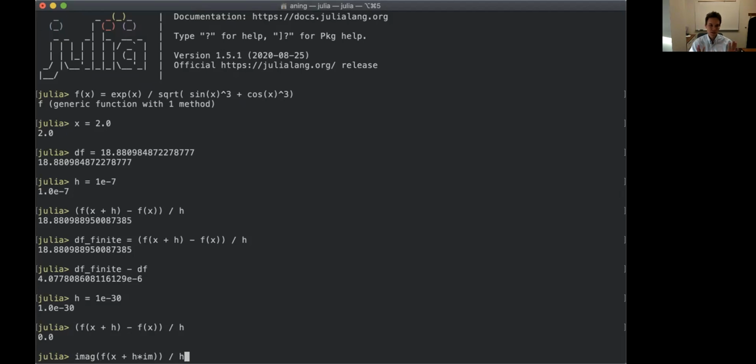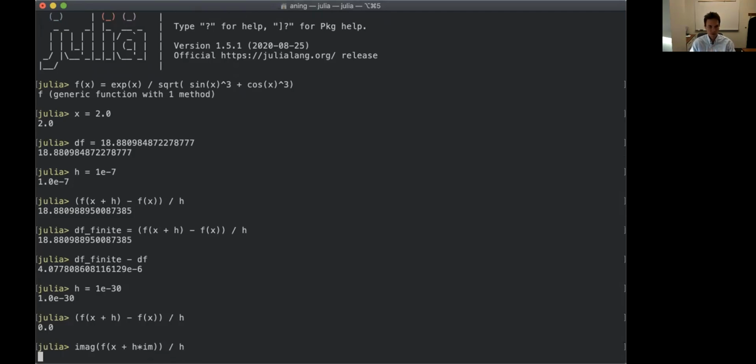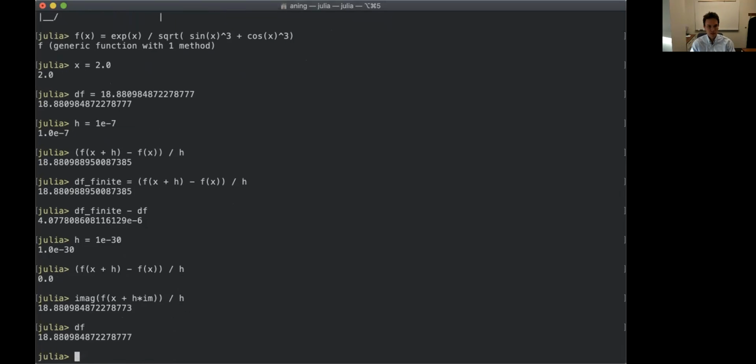We're going to do this really weird thing. My original function isn't a complex function, right? And I don't want complex numbers. I want a real derivative. It's a real function with real derivatives, but I'm just going to give it this imaginary number, take the imaginary part of the thing that comes out, divide by h, and I get this. If we compare it to df, you can see it agrees all the way, 15 digits, basically exact, machine precision, right?